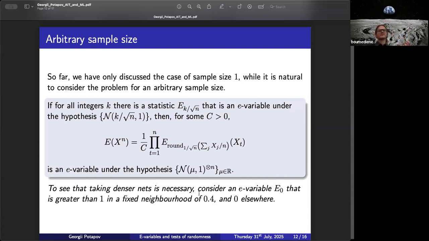And then for normal distributions with the mean 0.4, this complex e-variable constructed from such an e-variable would be too large on average, and so we couldn't consider it as an e-variable.